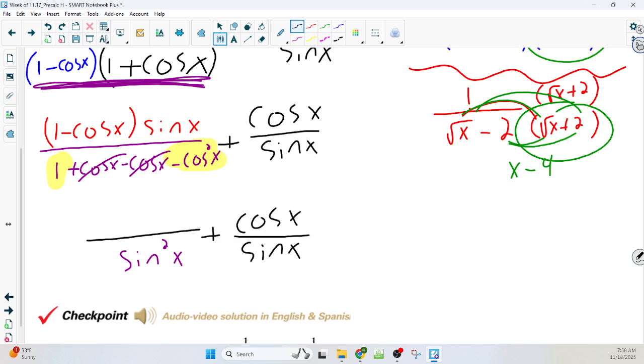And we have on top here 1 minus cosine of x times sine of x. Can you think of anything that might be a good idea right now? Any ideas? It's on the left side, the left fraction. There should be some cancellation there. You see it? The cancellation.